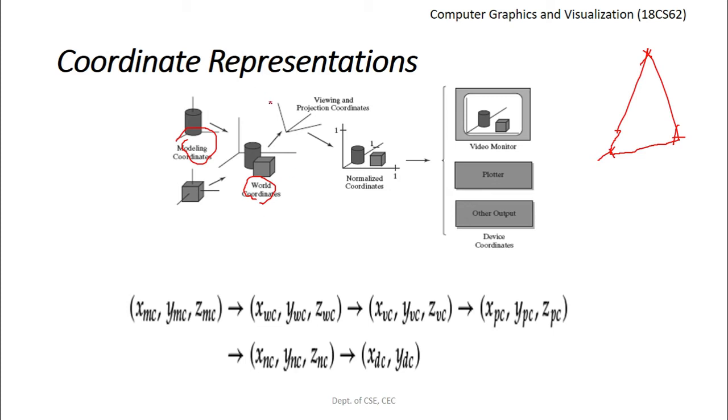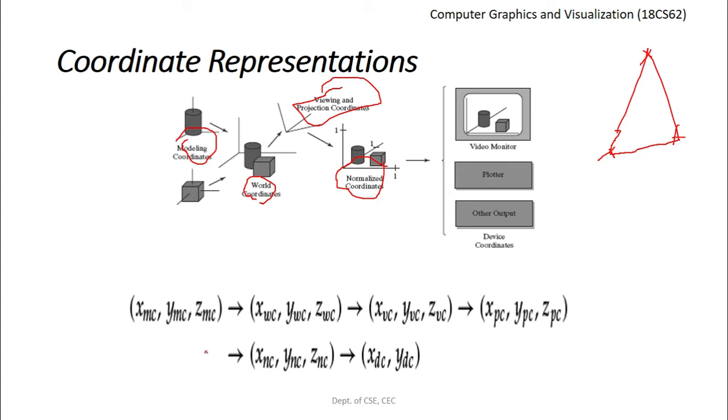First we have the modeling coordinates, the world coordinates, then we will be using the projection and the viewing coordinates, and then all these coordinate values will be converted to normalized coordinates, maybe normalized from -1 to +1 or from 0 to 1. Normalized coordinates are also called normalized device coordinates. See, we may have initial values for the coordinates, maybe say from 0 to 1000 or 0 to 2000. This has to be brought down or normalized to 0 to 1.